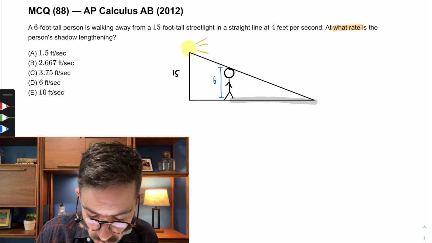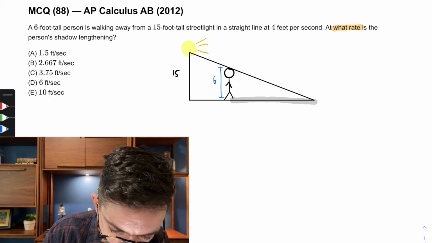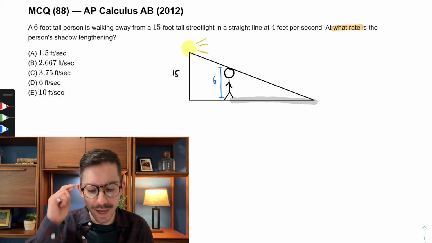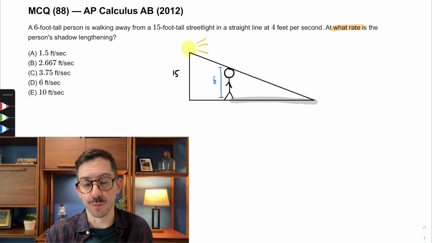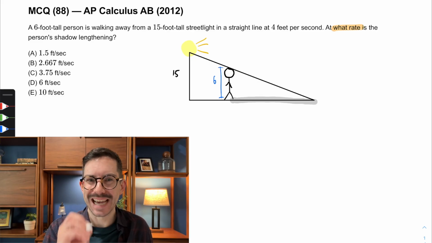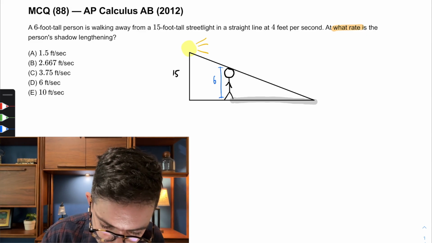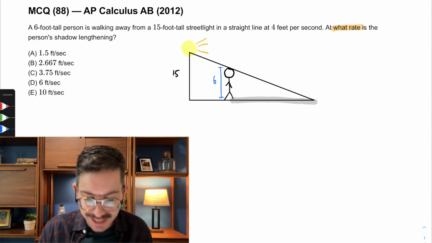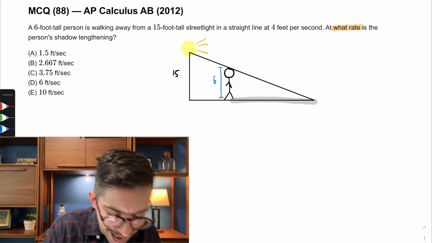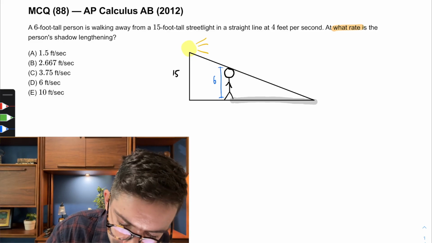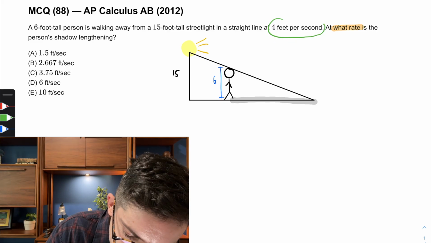Okay, so the way into a related rates problem is to look at the information that we're given and figure out how to attach it to the diagram. So we've got the 15 feet tall. We have the 6 foot tall person. And the thing we don't have in the diagram yet is this 4 feet per second.